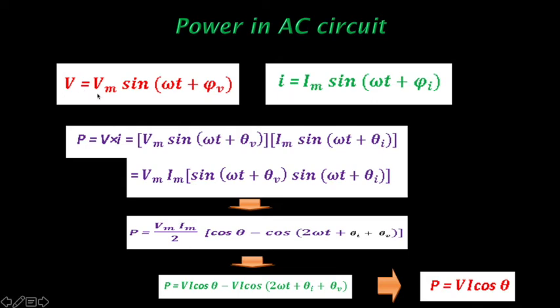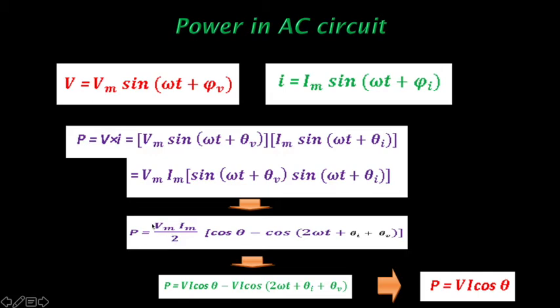So V equals Vm sin(omega t plus phi V) and I equals Im sin(omega t plus phi I). So power equals V into I, then multiply, put in these values, and we get power equal to Vm into Im by 2 times [cos theta minus cos(2 omega t plus theta I minus theta V)], where we consider theta I minus theta V equal to theta.